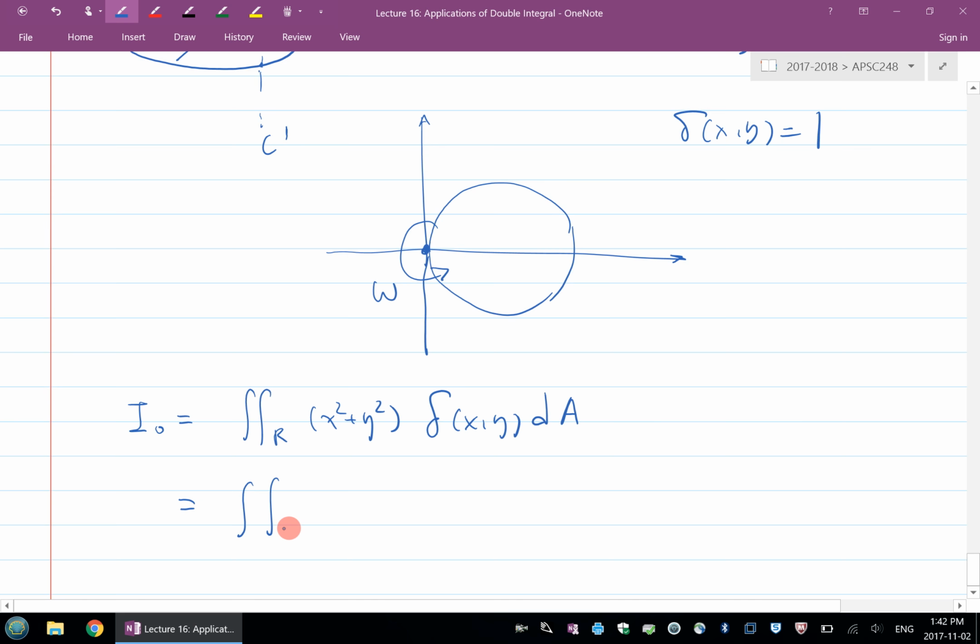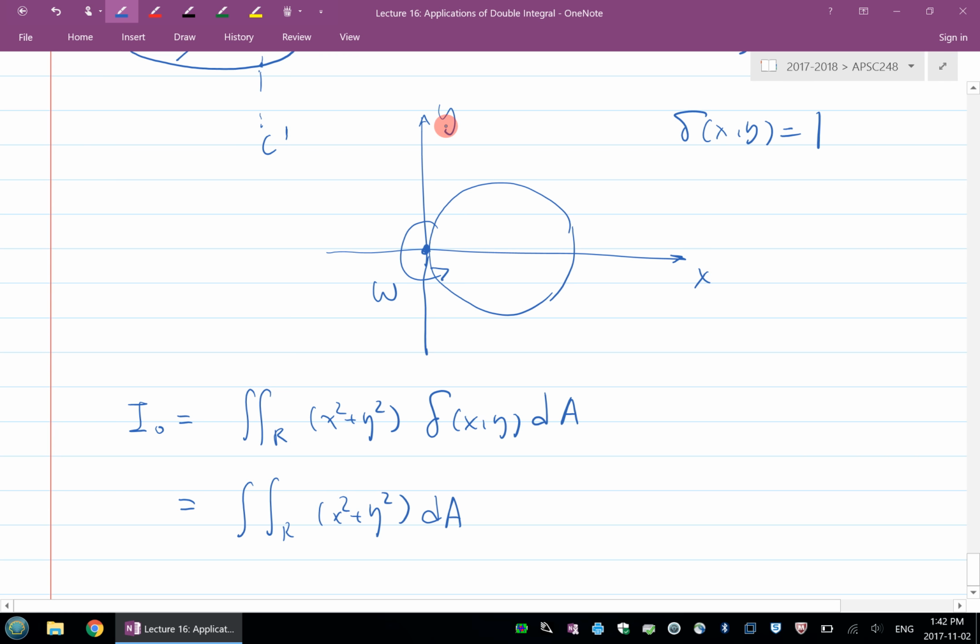Delta is 1, so I can neglect that delta, and just use this. Then you're left with a double integral problem.